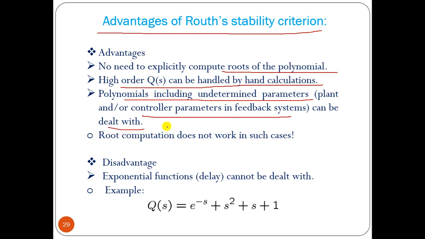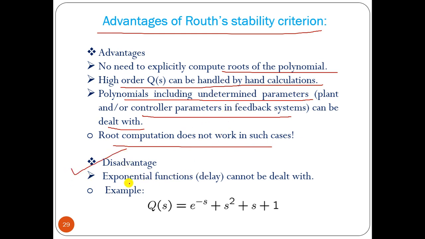That means we can find the range of values of system parameters for which the system is stable, unstable, or marginally stable. Root computation does not work in such cases, because we cannot find roots directly if the k value is unknown.